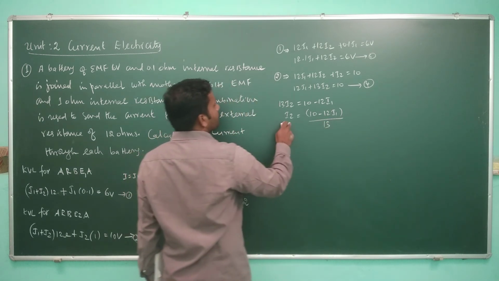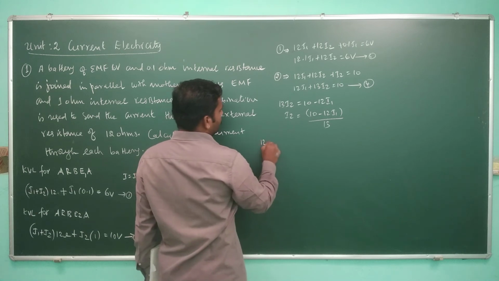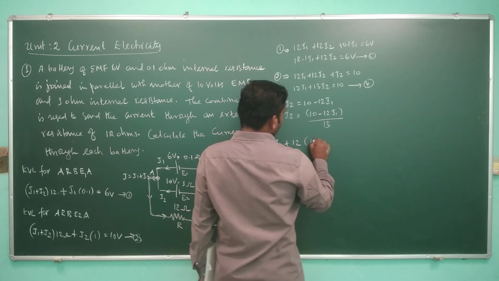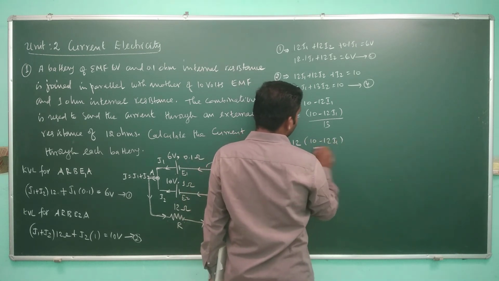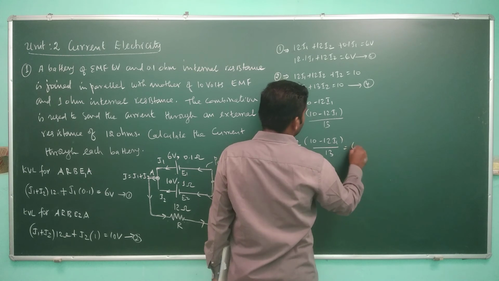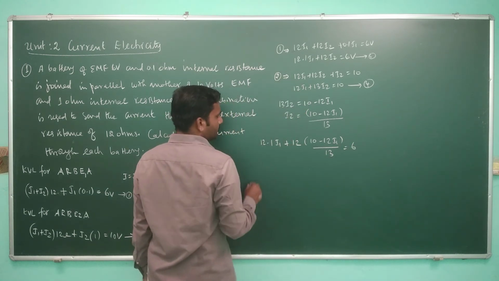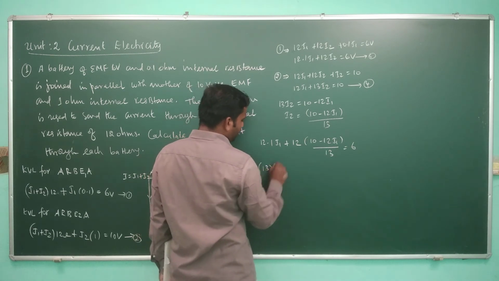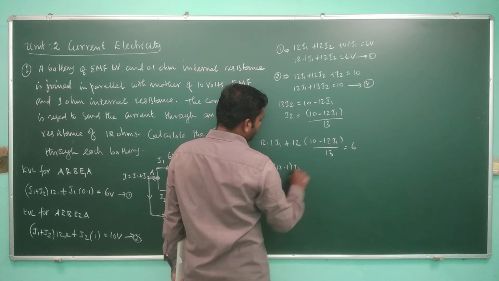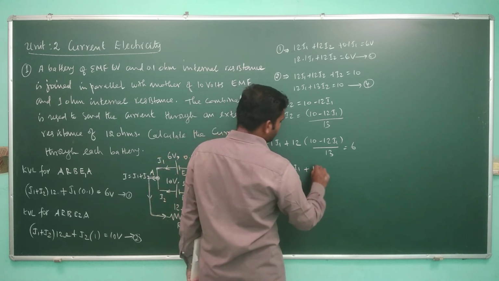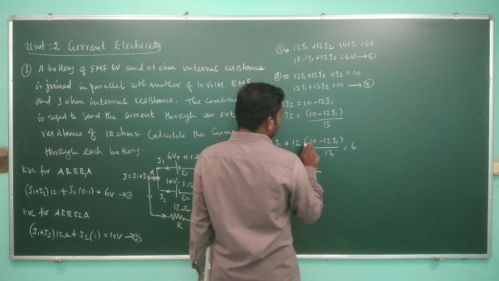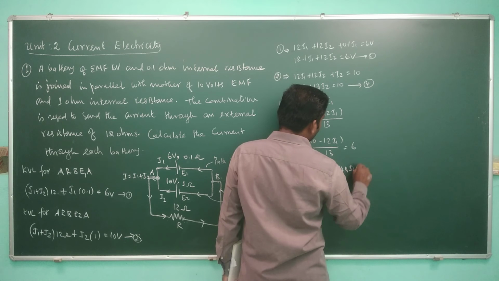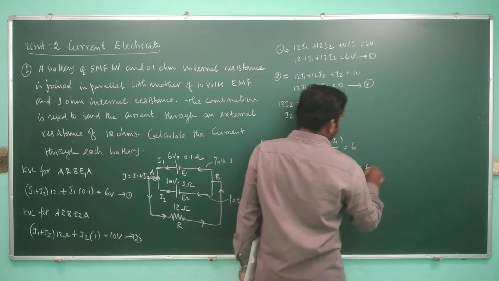Substitute this I2 in equation number 3: 12.1 I1 plus 12 into 10 minus 12 I1 divided by 13 equals 6. Multiply the entire equation by 13, so 13 multiplied by 12.1 I1 plus 12, the 13 cancels out, 12 into 10 is 120, minus 12 into 12 is 144 I1, equal to 6 into 13.